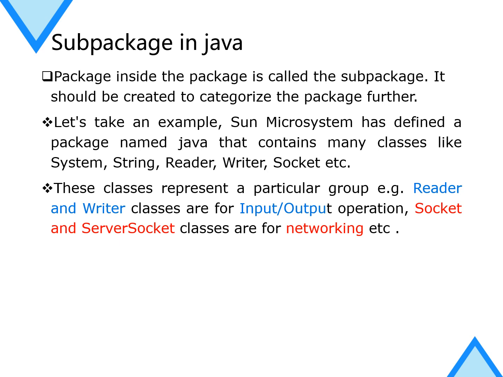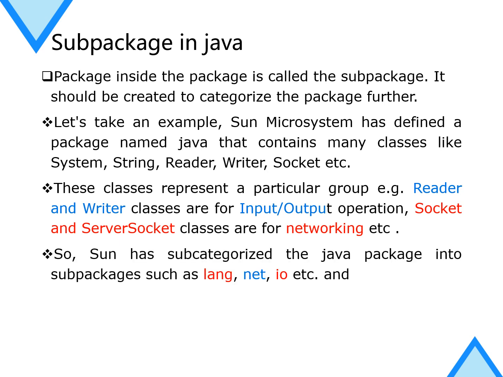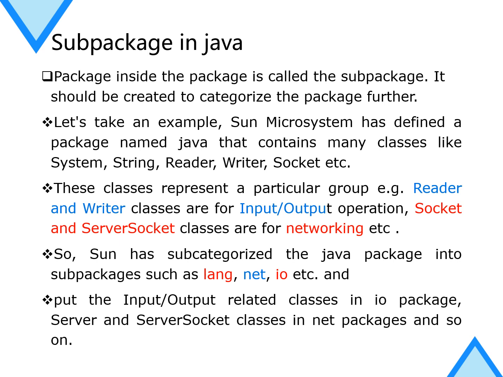Socket and ServerSocket classes are for networking, etc. So Sun has subcategorized the java package into subpackages such as lang (language), net (networking), and io (input-output), and put the input-output related classes in the io package, Socket and ServerSocket classes in the net package, and so on.